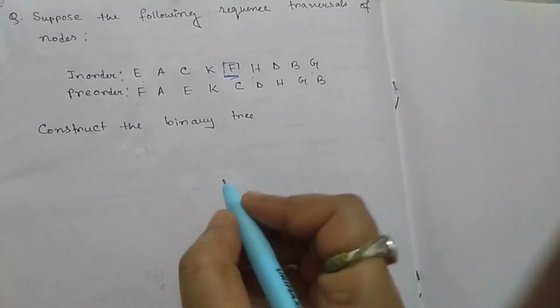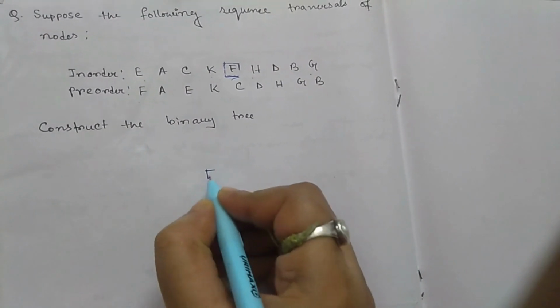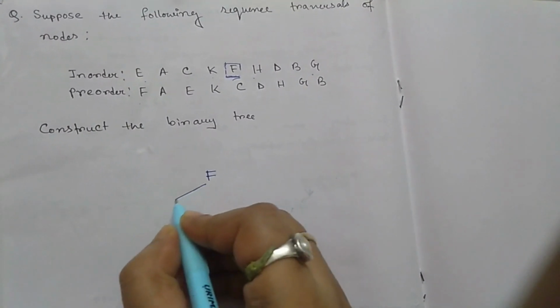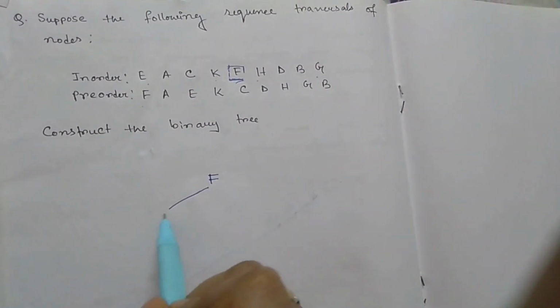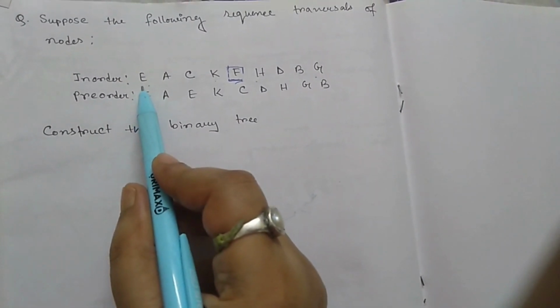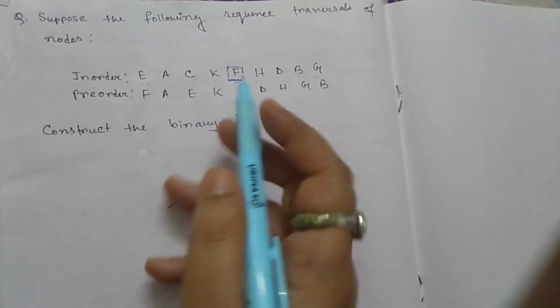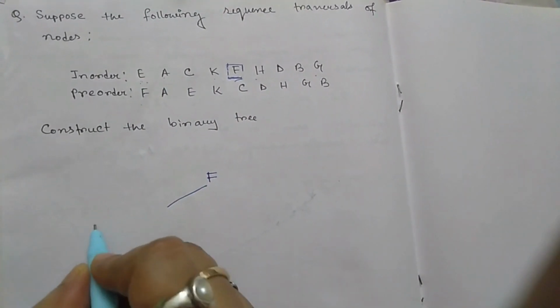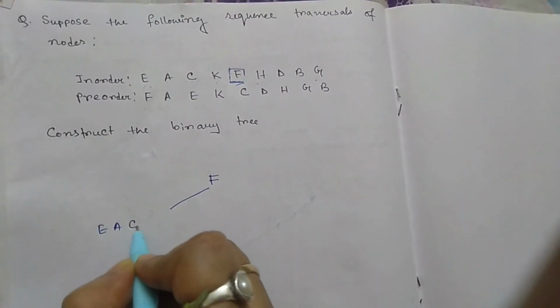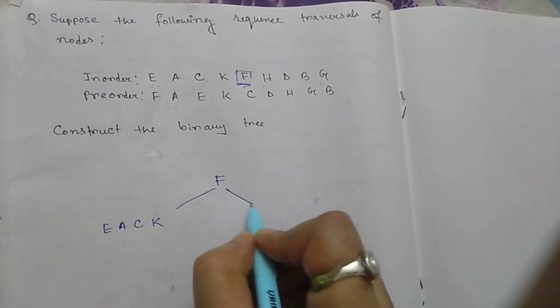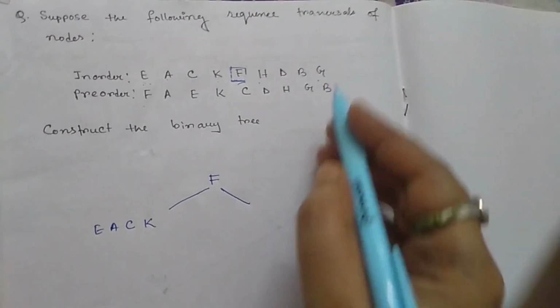Here we draw the left subtree, which we got from the in-order sequence, that is E A C K, and the right subtree is H D B G.